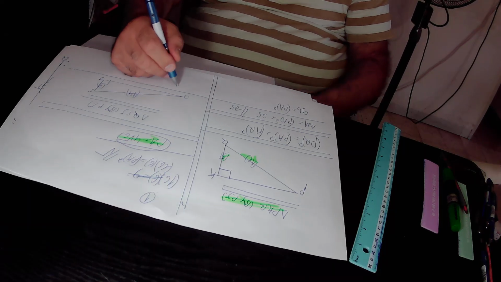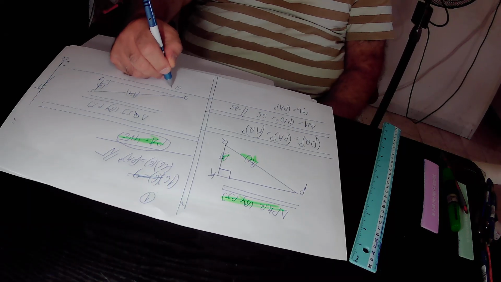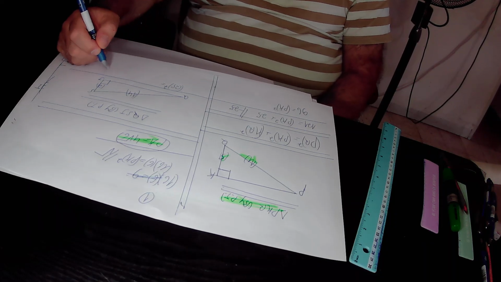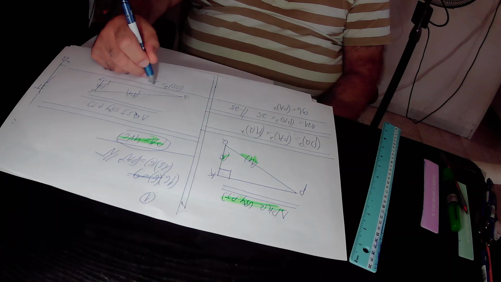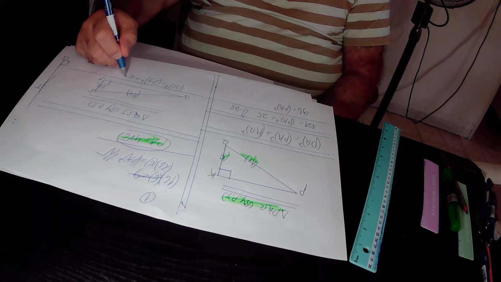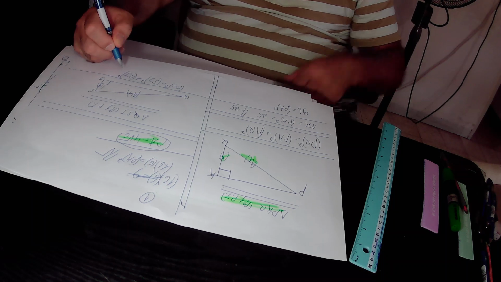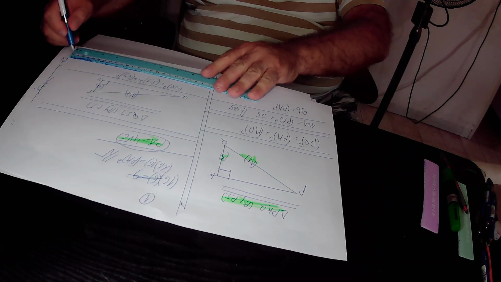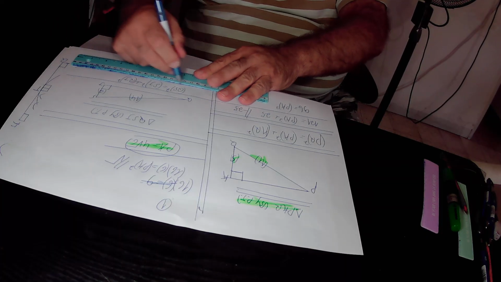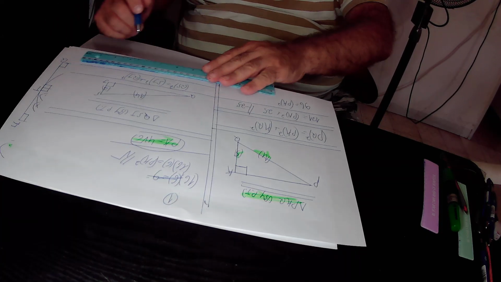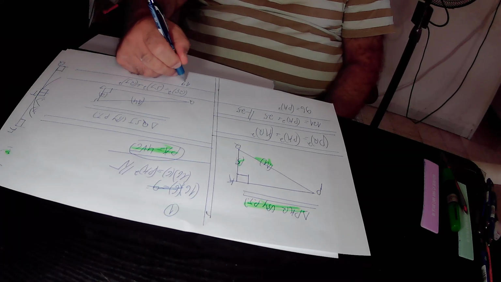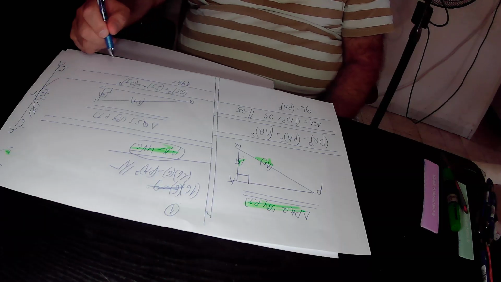QS squared, that is the square of the hypotenuse, is equal to SJ squared plus QJ squared. QS equals 14, therefore QS squared equals 14 squared, that is 196, equals SJ squared.